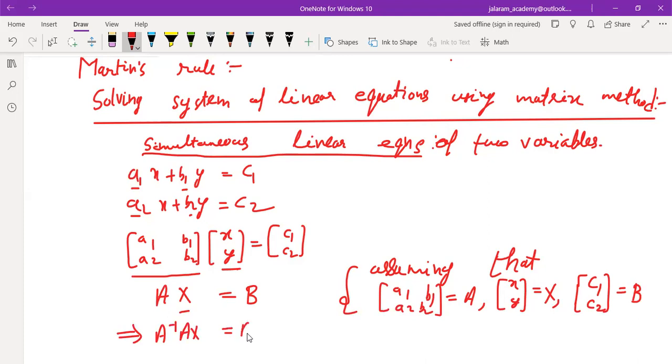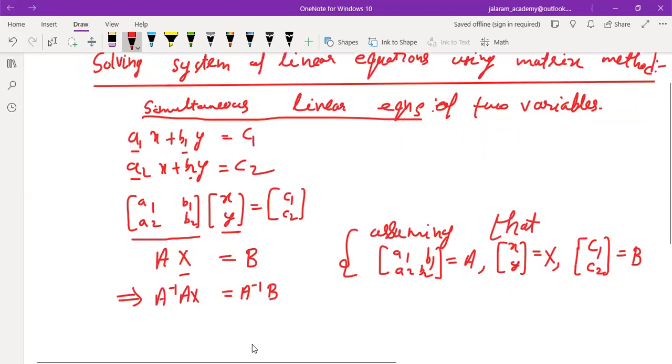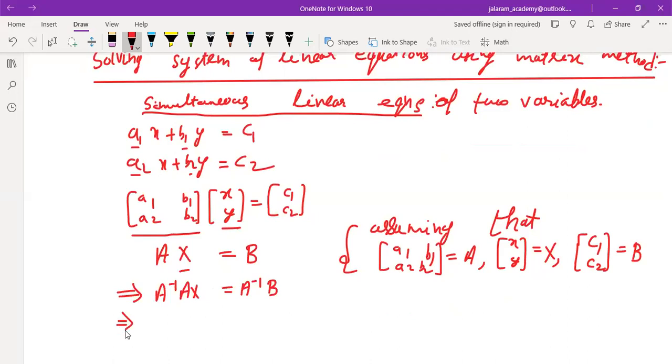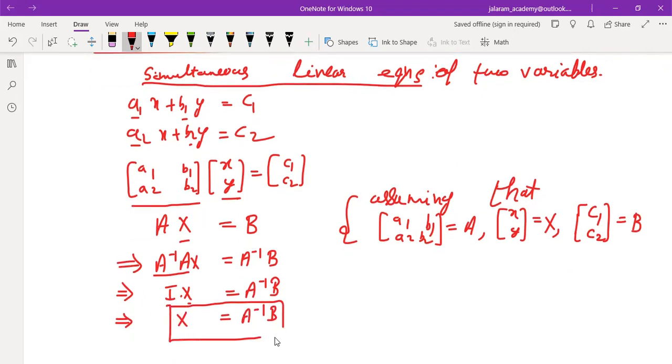A inverse into AX equals A inverse into B. It implies now A inverse A is I, into X equals A inverse into B. Now I into X is X itself, which is equal to A inverse B. So we can now easily solve this matrix equation by first finding A inverse, that is the inverse of the matrix a1, b1, a2, b2, and then multiplying it by B, that is the column matrix c1, c2.